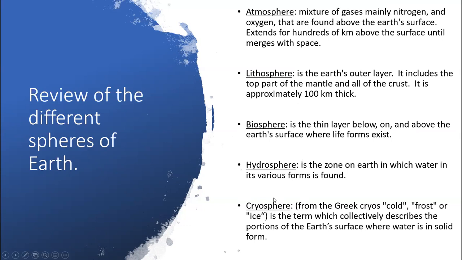And cryosphere comes from the Greek cryos, which means cold, frost, or ice, and is the term which collectively describes the portion of the Earth's surface where water is in solid form. So if it's ice, water in solid form, so snow, anything like that is cryosphere.